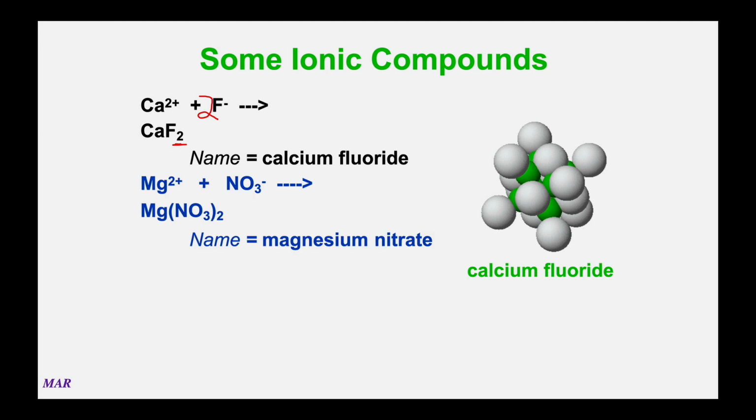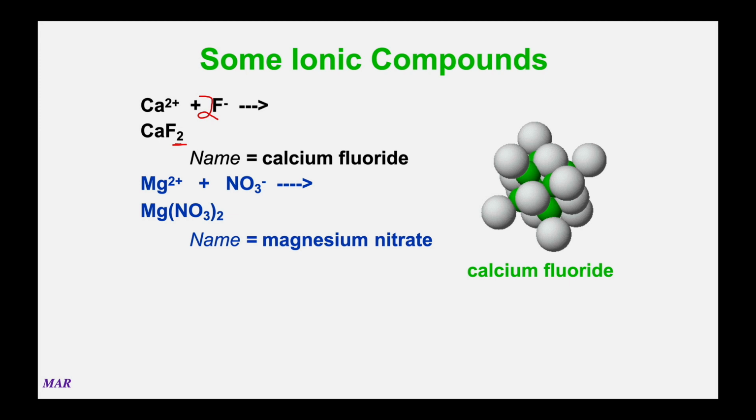Magnesium is a group 2A metal like calcium, and it likes to be +2. And magnesium, a fixed charge metal, is always +2, which is nice. Now, nitrate is a polyatomic ion. It's NO3 with a -1 charge. And polyatomics are just like fluorides above. You've got to have the positives and negatives balance out.